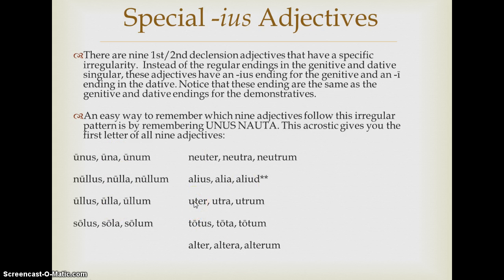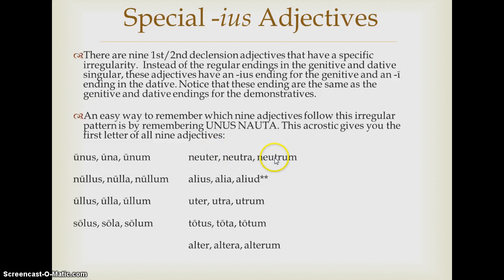So, what are the 9? Unus, una, unum, which means one. Nullus, nulla, nullum, no or none. Ullus, ulla, ullum, any. Solus, sola, solum, only or alone.